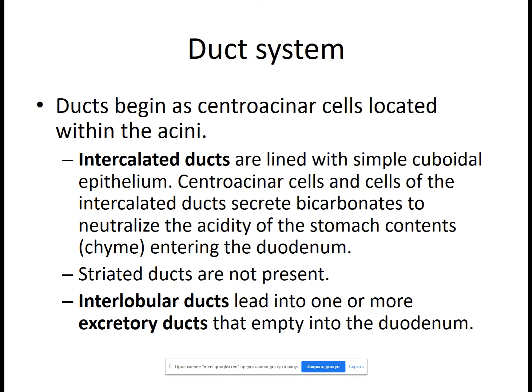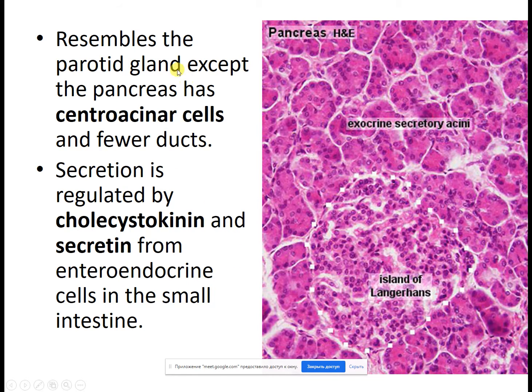So three organs, three portions of the digestive tract, work against the acidity of the stomach. Interlobular ducts lead into one or more excretory ducts that empty into the duodenum.